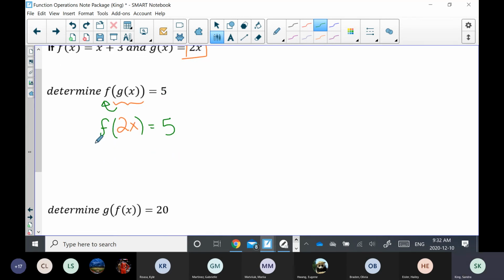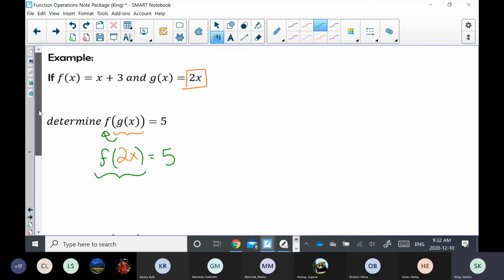So what I must now do is go to my f function, and in my f function, every time I see an x, I must input a 2x. So here's my f function, take that out. 2x goes in, right? So I'm changing this to be 2x, and then there's a plus 3, and that is equal to 5.